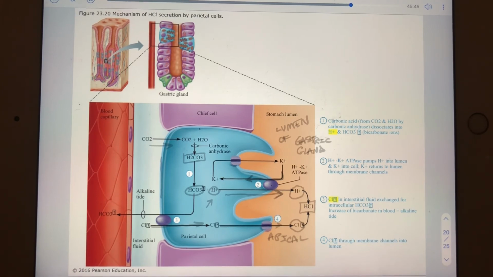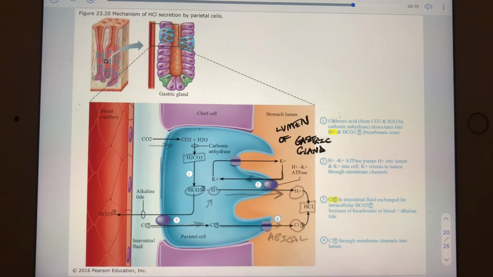Here is not just the stomach lumen, but the lumen of a gastric gland. And this crazy guy here, in blue, is a parietal cell.